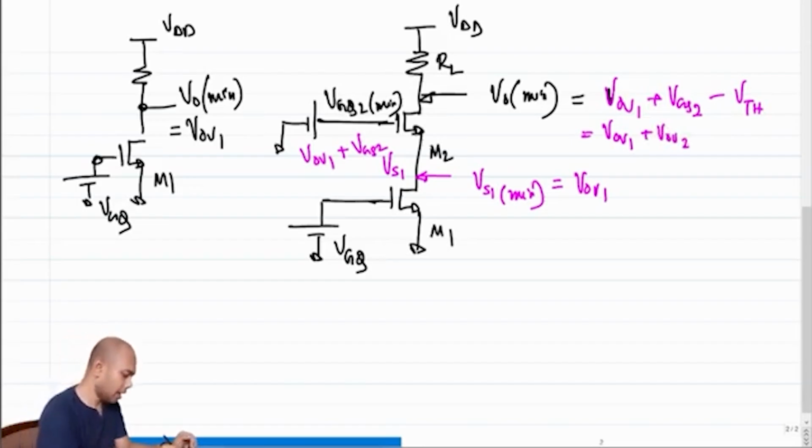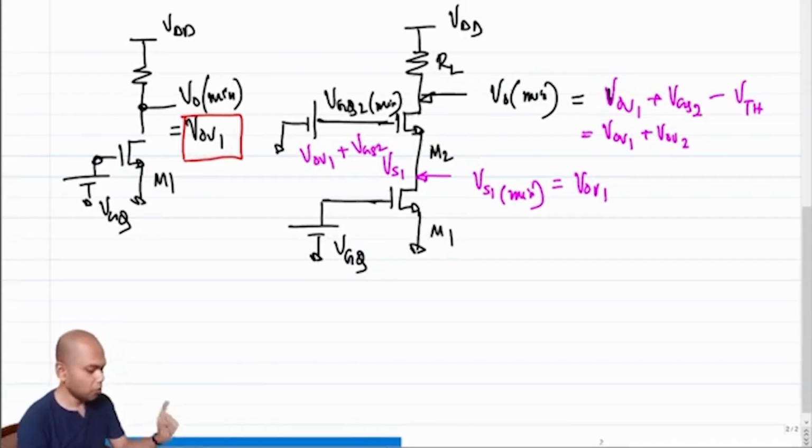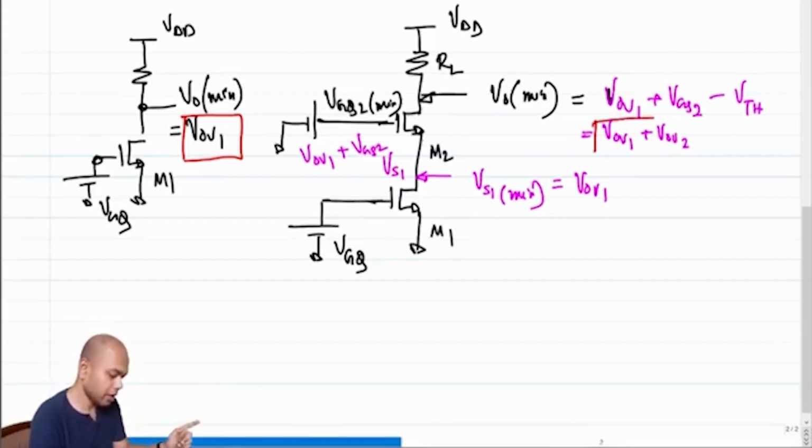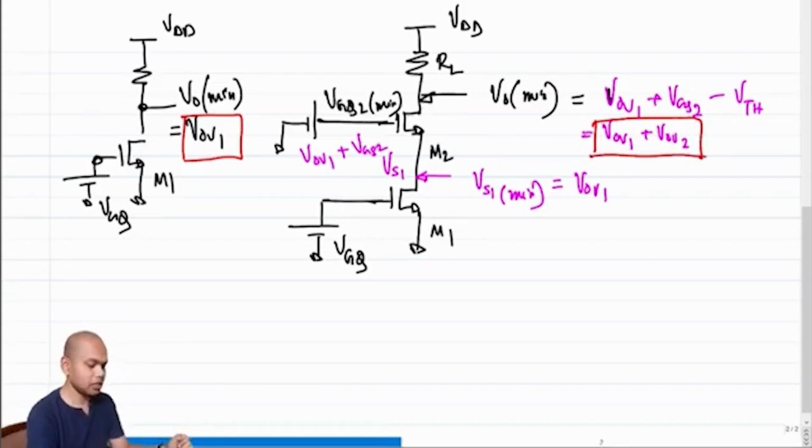So you see that in the circuit on the left, the minimum output voltage is 1 overdrive voltage of M1. In the circuit on the right, the minimum output voltage is the sum of 2 overdrive voltages, right? Which clearly means that the output cannot swing as much now as you could have if you had used a common source amplifier.